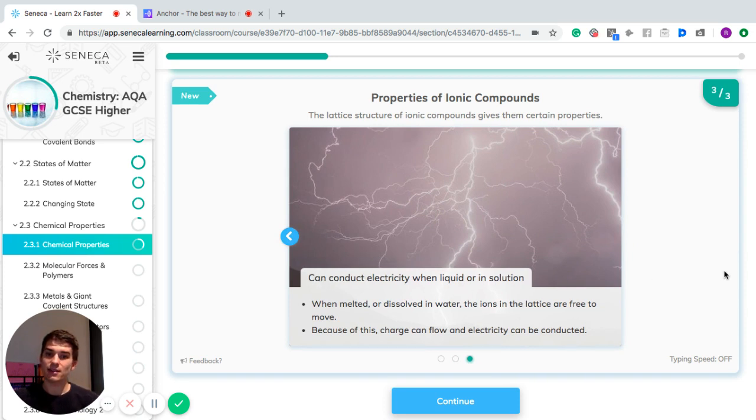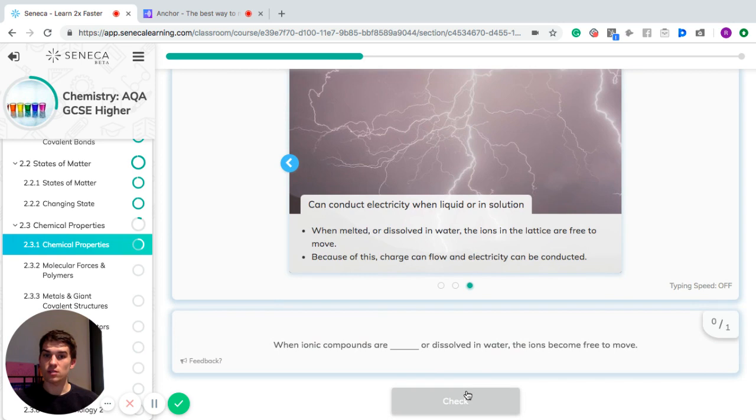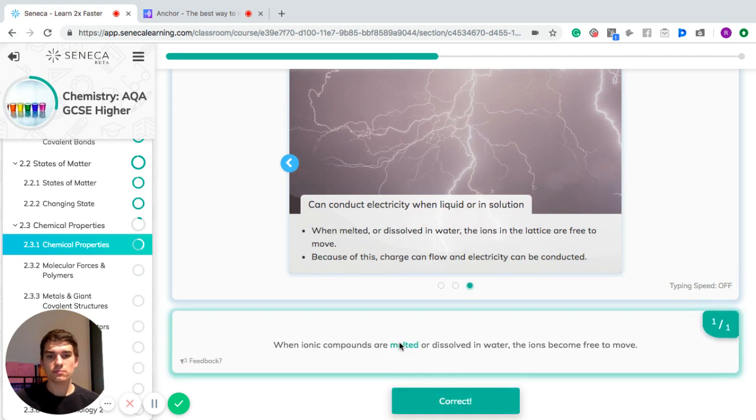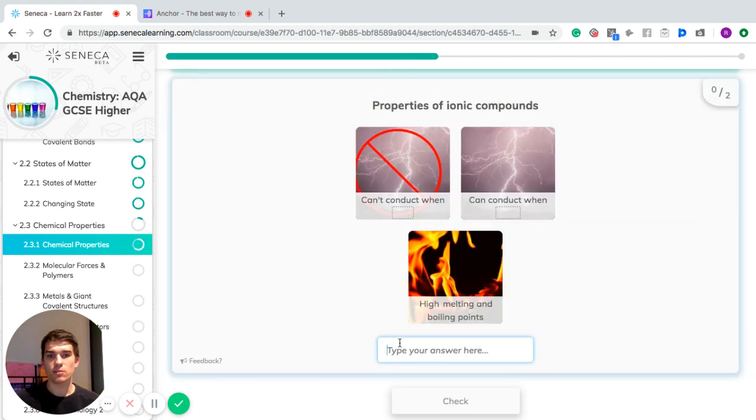But they can conduct electricity when they're liquid or if they're in solution. When they melt or if they're dissolved in water, the ions are then free to move around, and because of this, the charge can flow and electricity can be conducted, but only when melted or dissolved in water. So when ionic compounds are melted or dissolved in water, the ions become free to move.